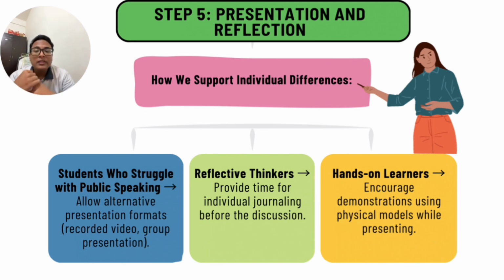The second one is the reflective thinker: provide time for individual journaling before the discussion. And the third one is hands-on learners: encourage demonstration using a physical model while presenting. So it helps students to remember the tessellation words.